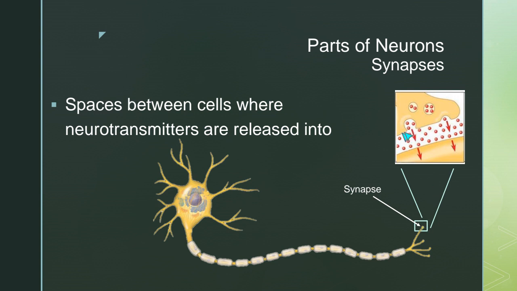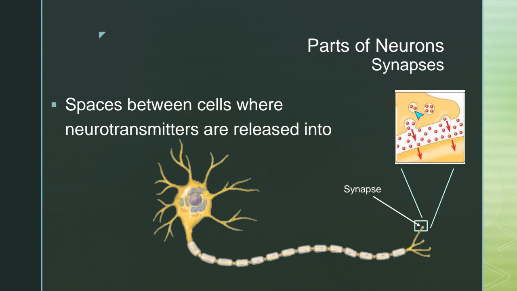So that's what we have here. You can think about this part right here as being the axon terminal of this neuron, and this part right here being the dendrites of the receiving neuron. So this neuron is going to send a signal down its axon.